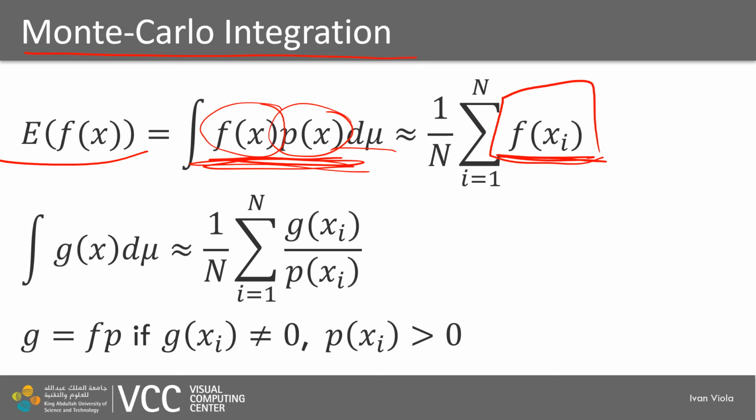If we now represent the f(x) and p(x) product as g(x), as a new function, then we can say that we can approximate the integral of g(x) with the value of g(x) divided by the probability density function.